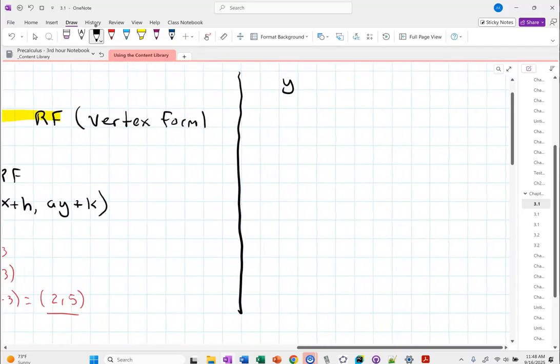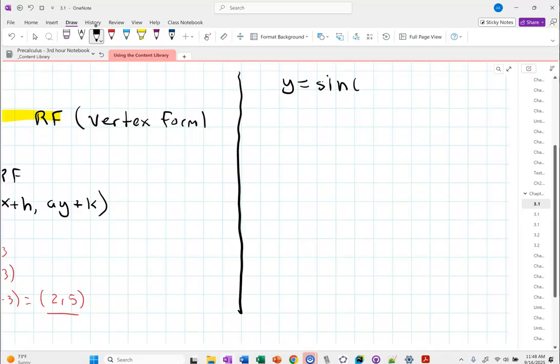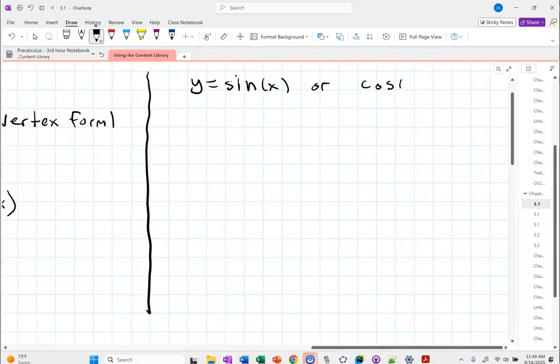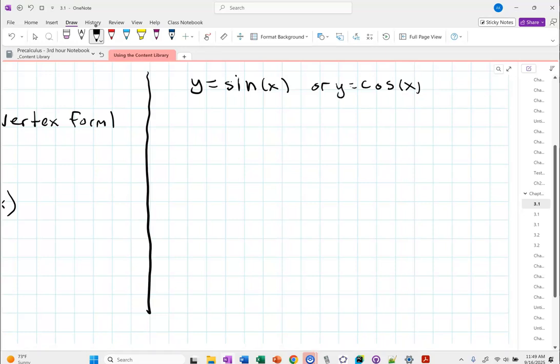So we have our parent functions, which are just y equals sine x or y equals cosine x.